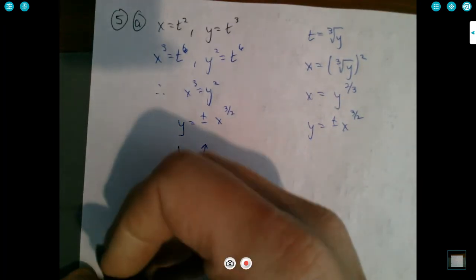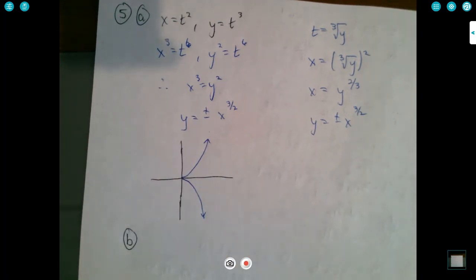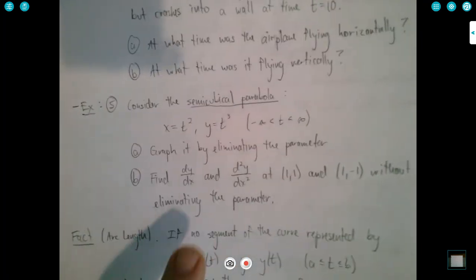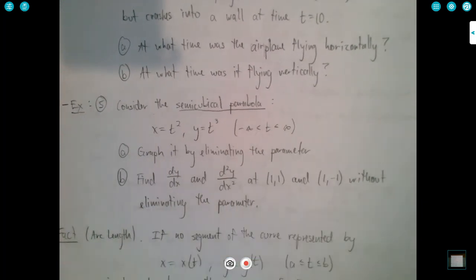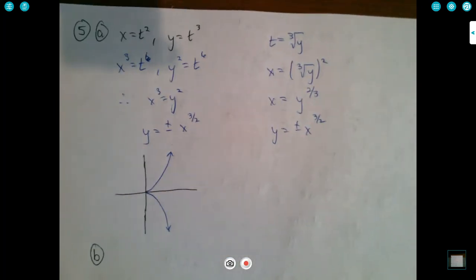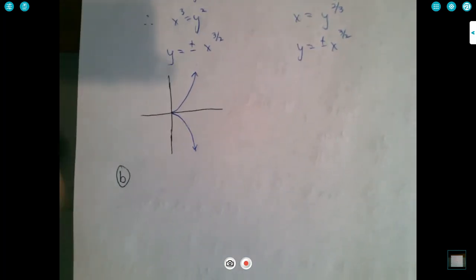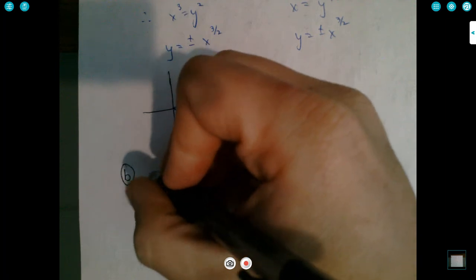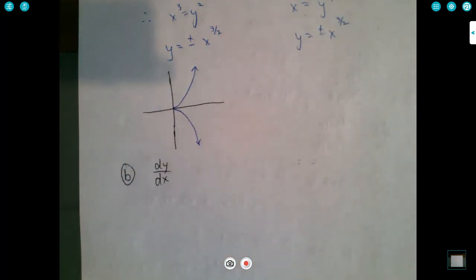So there's part A. And then part B asks us to find the first and second derivatives at these points, at 1, 1, and at 1, -1. No problem, right? So we want dy/dx.